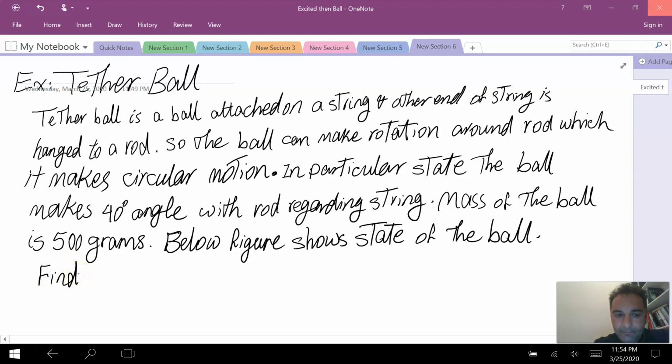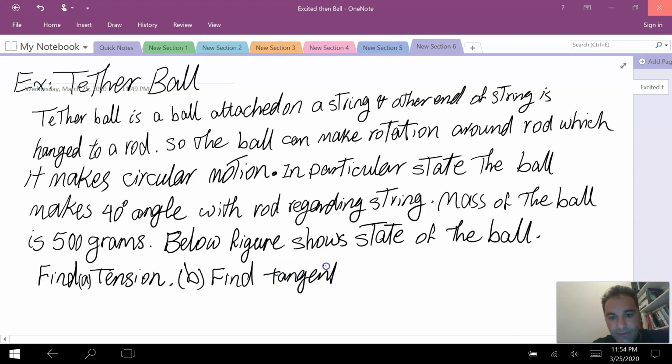A: find the tension. B: find the tangent velocity of the ball.